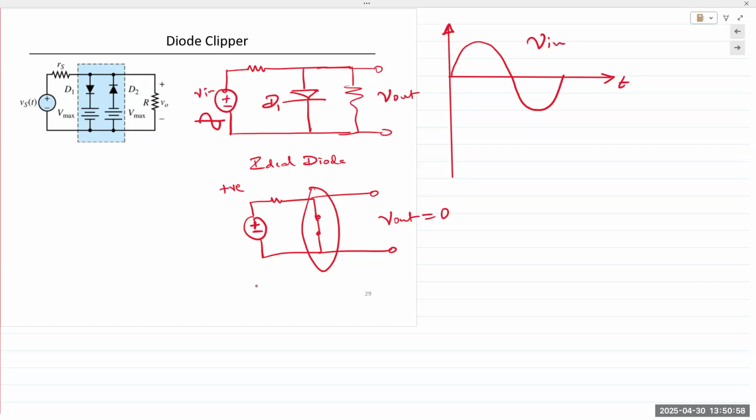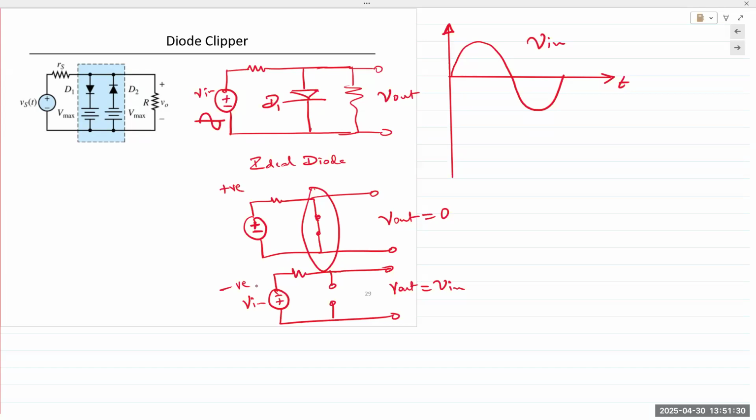Negative half cycle, what happens? Diode is reverse biased. It's open. V out is equal to V in. So the positive half cycle is clipped. We do not obtain it at the output. Again, in a half-wave rectifier, the diode was in series with the supply.